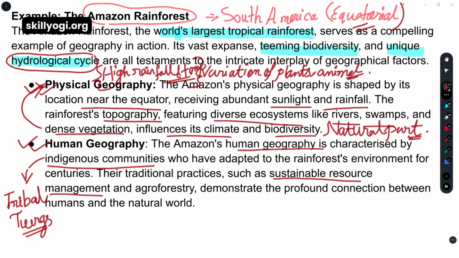So their traditional practices such as sustainable resource management and agroforestry demonstrate the profound connection between humans and the natural world.